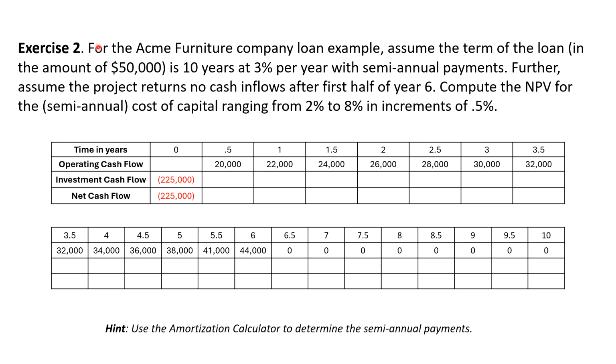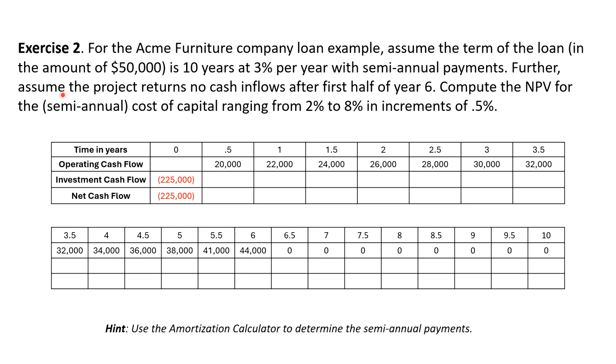Exercise number 2. We'll go back to the Acme Furniture Company, which we used in several examples. Here we're going to do something a little bit different. They're taking a loan, Alice and Bob, and this time the loan is 10 years at 3% per year with semi-annual payments, and the amount of the loan is $50,000.